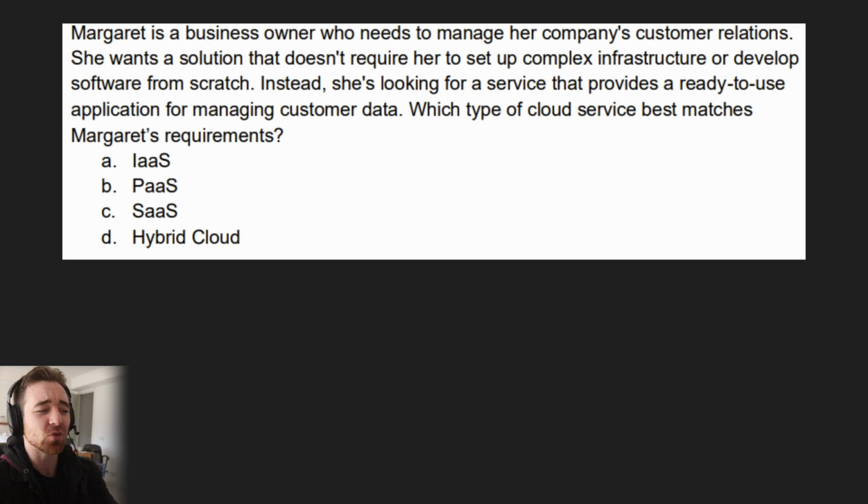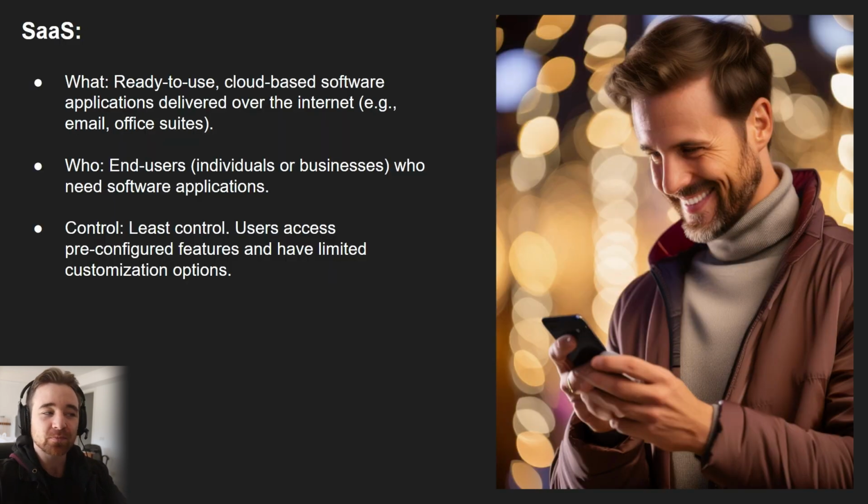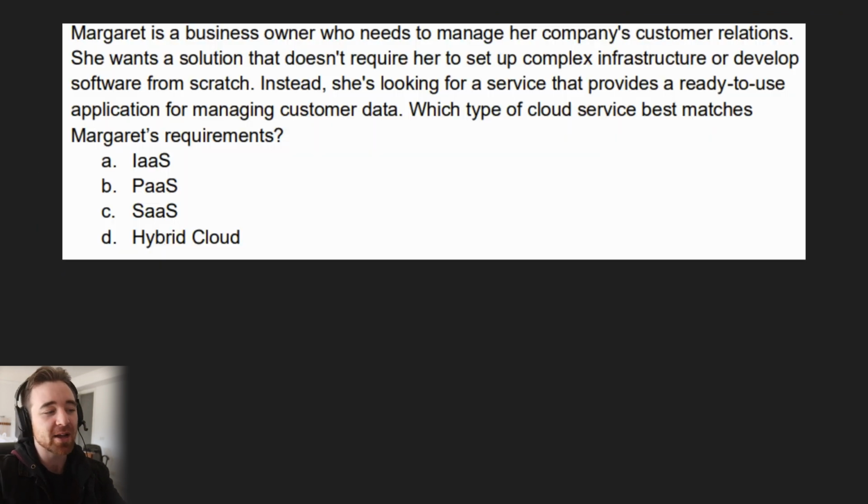Pause the video if you need more time. The answer is coming up in 3, 2, 1. The answer is SaaS. So, first of all, we'll go back and look at these three. Basically, these are three different models that describe if you want to hire someone else's hardware, are you hiring only their hardware?